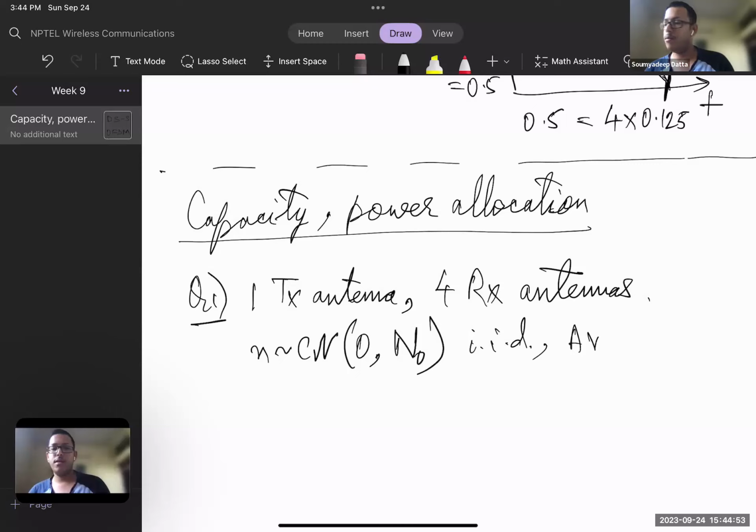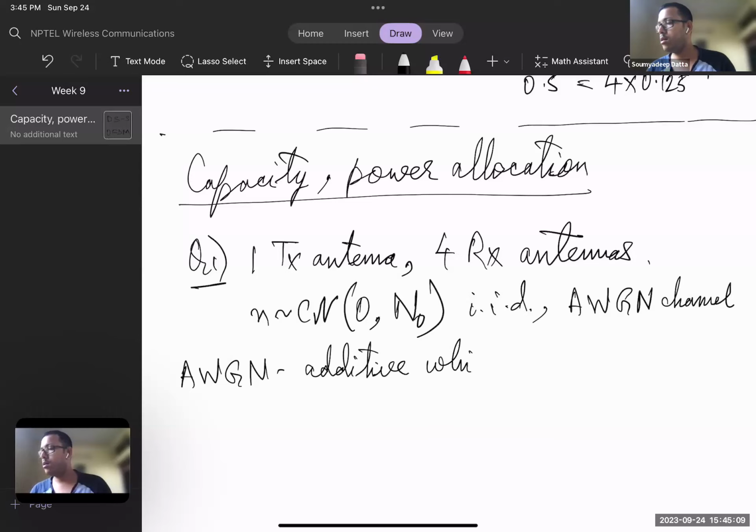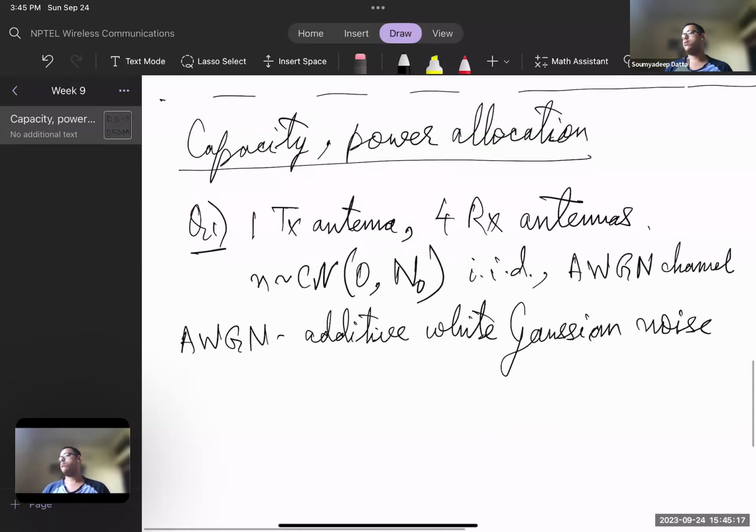I hope we know what an AWGN channel is, but just to clarify, AWGN stands for additive white Gaussian noise. This is a very simple channel with no fading.